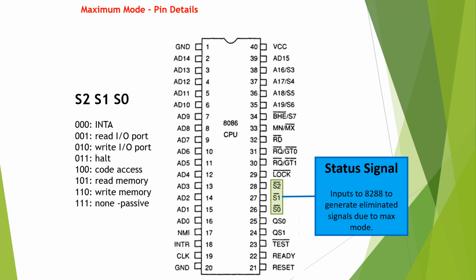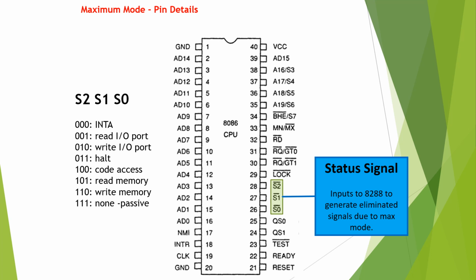When S2 is 0, S1 is 0 and S0 is 1, it means reading IO port. If it is 0 1 0, it is writing IO port. And S2 0, S1 1 and S0 1 means it is in the halt state.